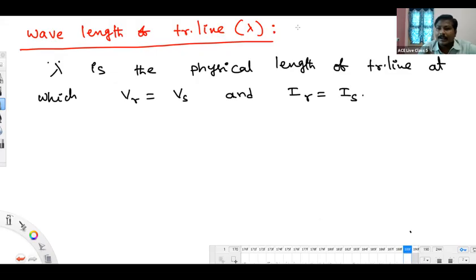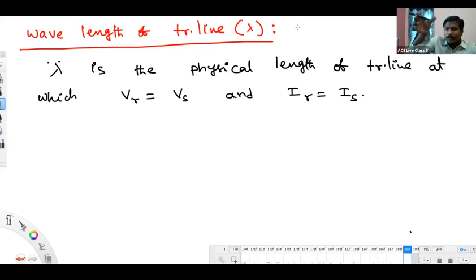Okay, next thing. I will be taking up some definition from basics of physics. Tell me please, from basics of physics, how you can define this lambda? Wavelength means generally the distance between two crests, or you can say the distance between two troughs.